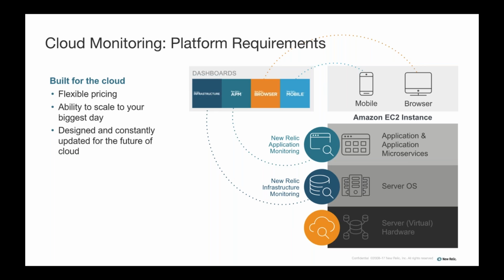So one of the things we've designed the New Relic platform for is the ability to scale to extremely large spikes in customer traffic. So during your biggest day, or during a tweet or something that goes viral that causes traffic to increase exponentially, the monitoring systems scale with that and continue to be reliable.